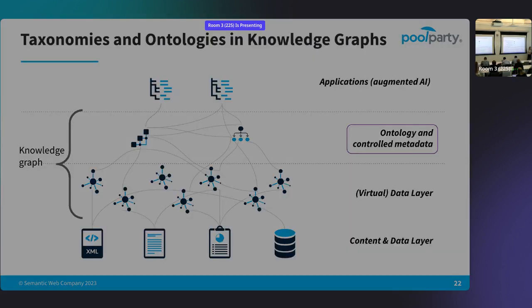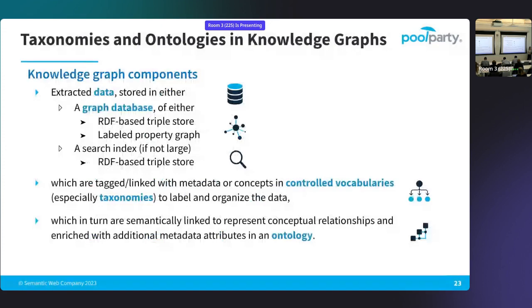All right. So to summarize that, we have a knowledge graph with the extracted data that's stored in a graph database. RDF triple stores or labeled property graphs are the two different kinds. In a very simple knowledge graph, it could actually be stored in a search index. And this would be an RDF triple store based one.